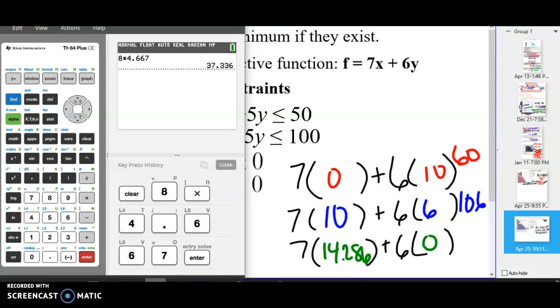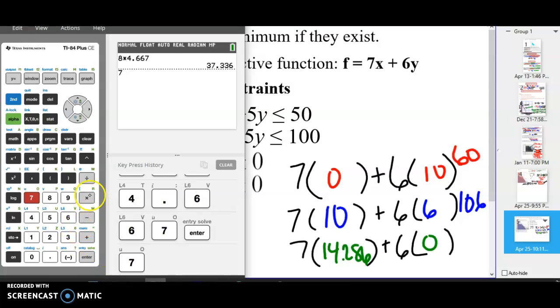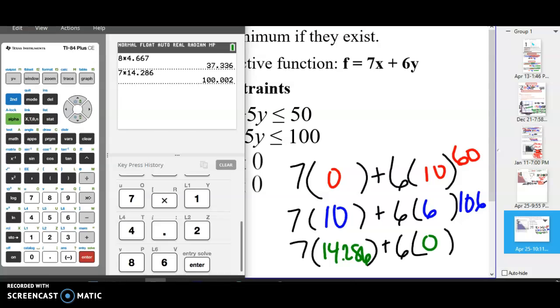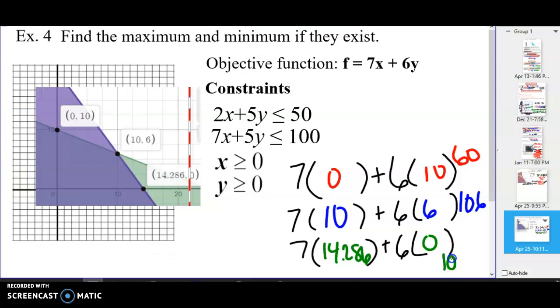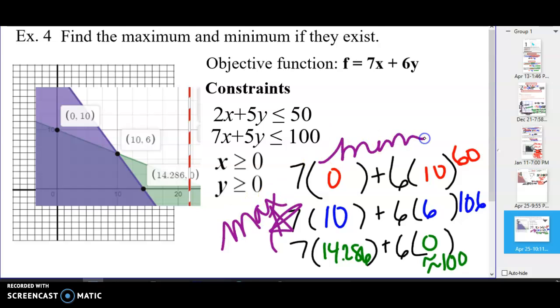So 7 times 14.286, so about 100. All right, so who's best? This 10, 6 is going to be my maximum. And then my minimum, if I'm actually doing all the things, it's going to be 60. There we go. Awesome. Linear programming.